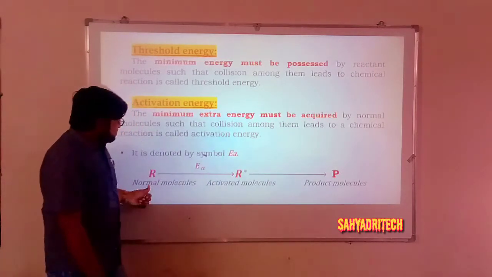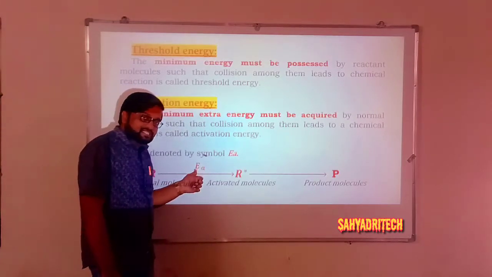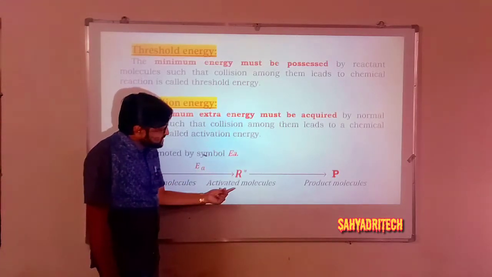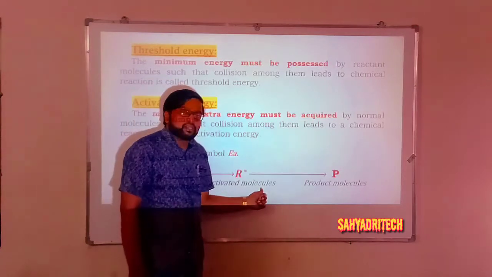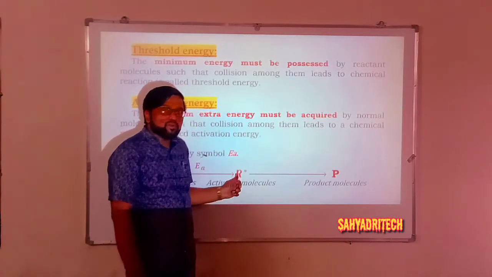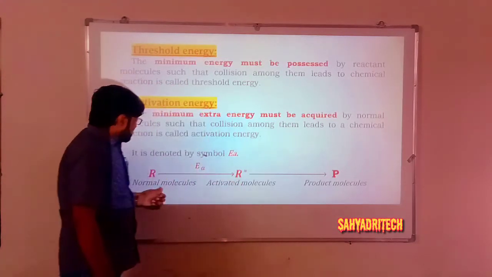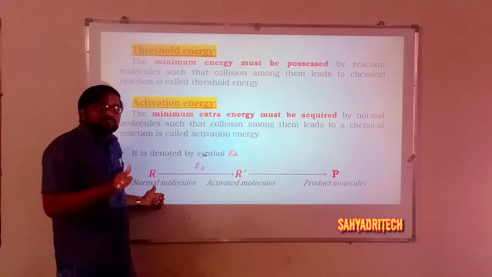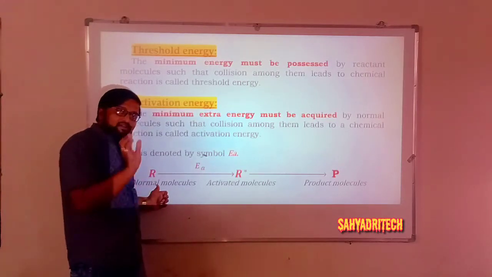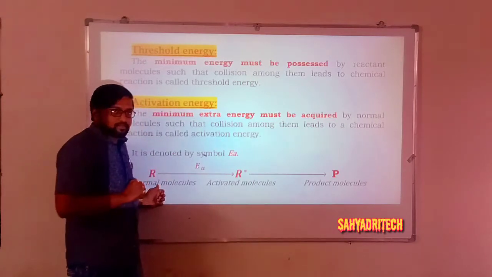Okay, so when normal molecules acquire certain extra energy, that is activation energy, first they get converted into activated molecules. These activated reactant molecules are going to possess threshold energy. What about normal molecules? They don't have threshold energy, they just have a certain energy, which we call the energy of normal molecules.